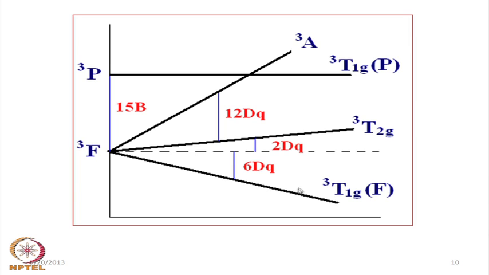Right now what we see is that these two values are equal to 8 Dq corresponding to 10 Dq in the crystal field splitting, and the value between 3T2g and 3A2g is equal to 12 Dq. Compared to this level, that means the unsplit 3F level, we will find this as a magnitude of 2 Dq, which is different from the total 8 Dq value.